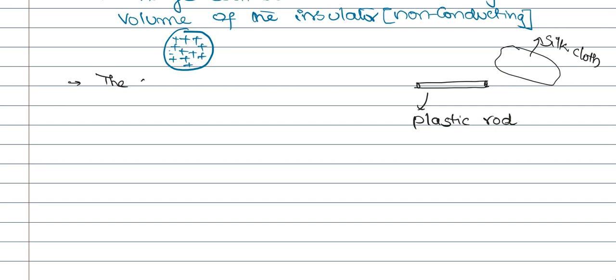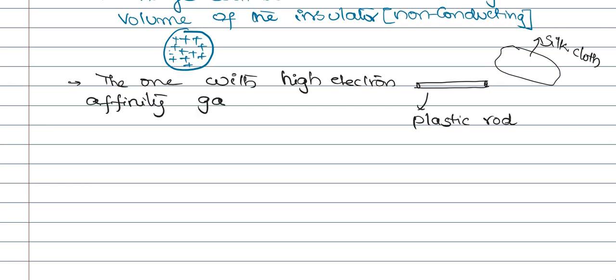So the one with high electron affinity gains electrons and becomes a negatively charged object.